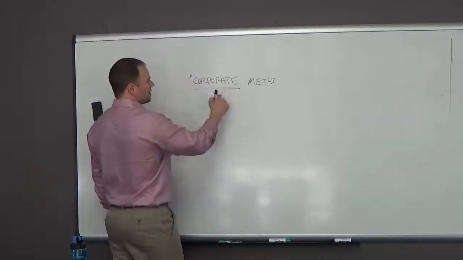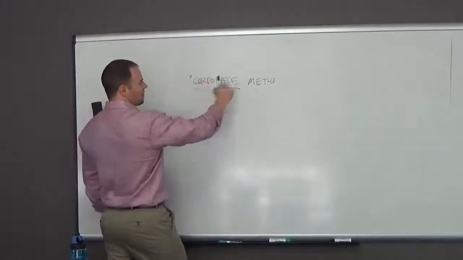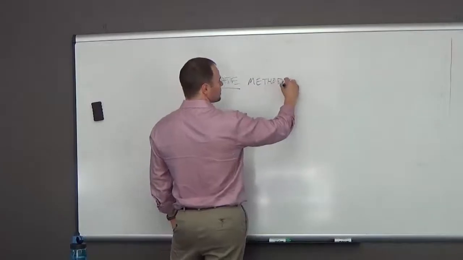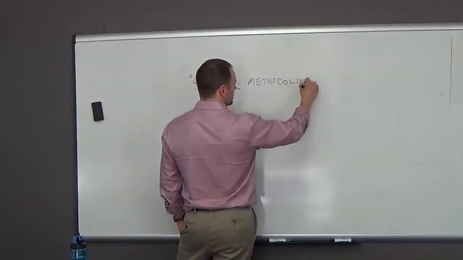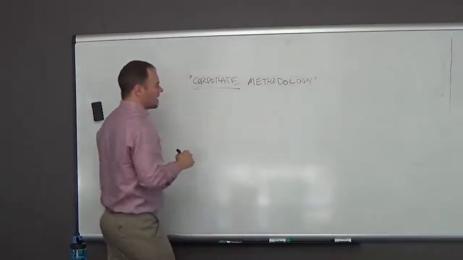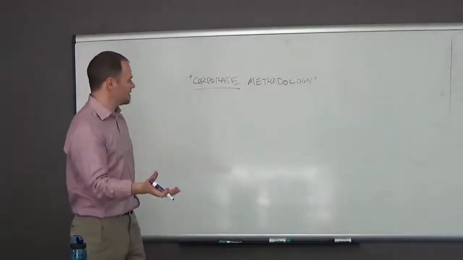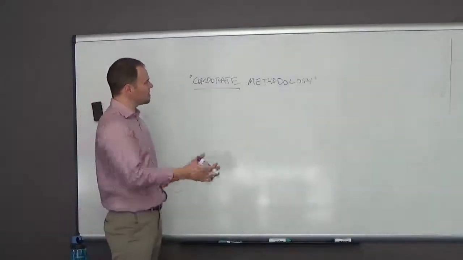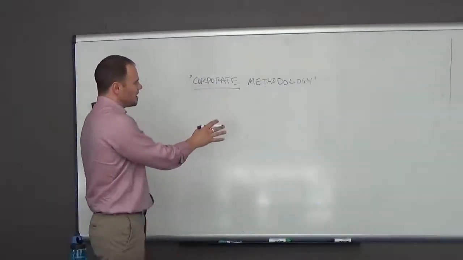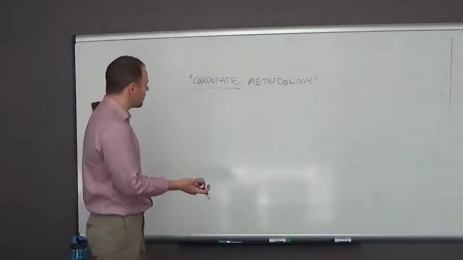Insert name here, right? The Chevron methodology, the Wells Fargo methodology, the Seagate methodology, the Cisco methodology. It doesn't necessarily mean that every group in that organization is using only that methodology, but there may be certain groups that are required to do so.